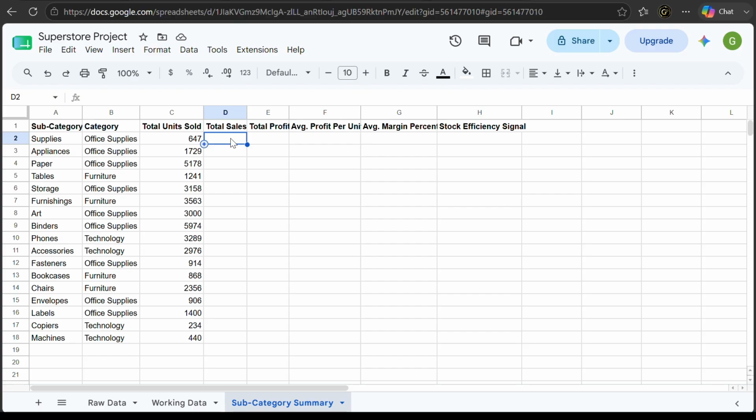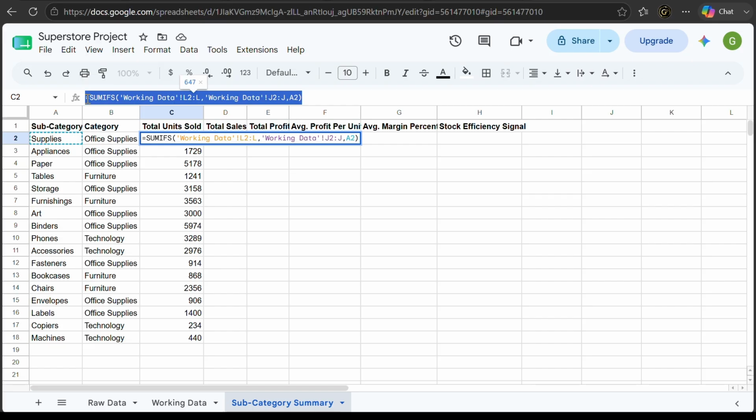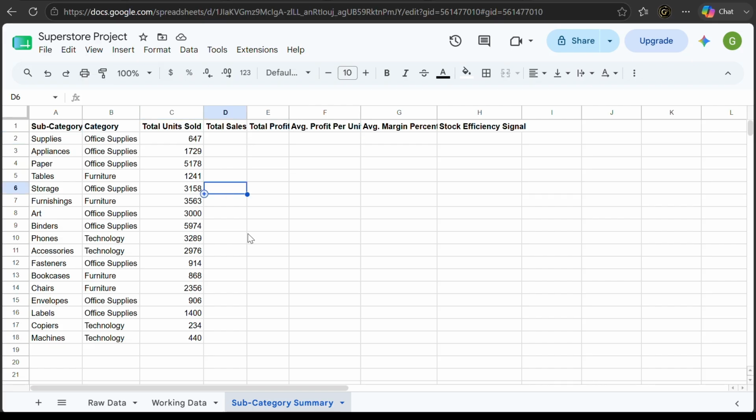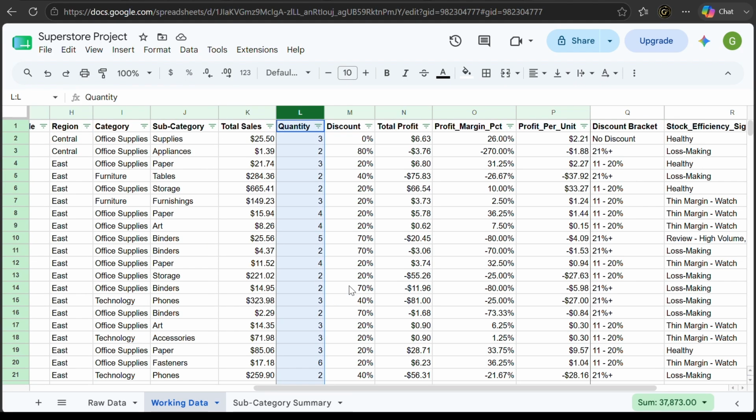Then we're going to try the same thing for total sales. We are going to use the same SUMIFS formula. In order to save time, I'm just going to copy the whole of this. Where do we have our sales?